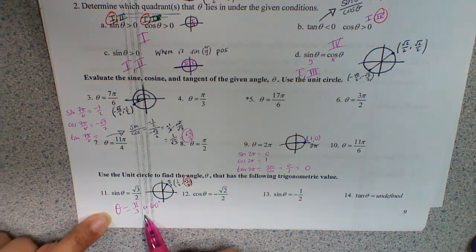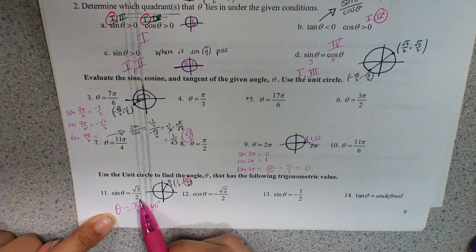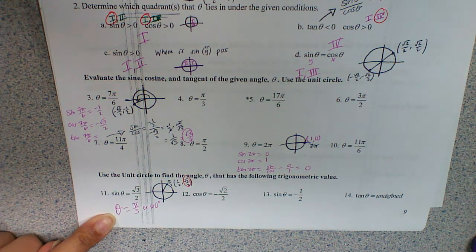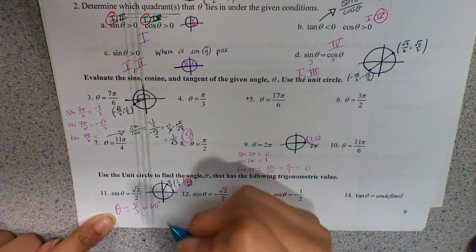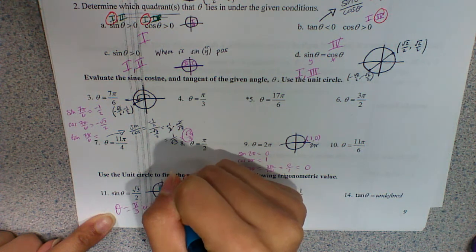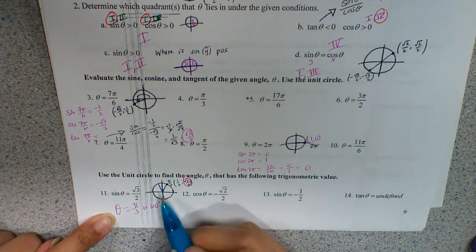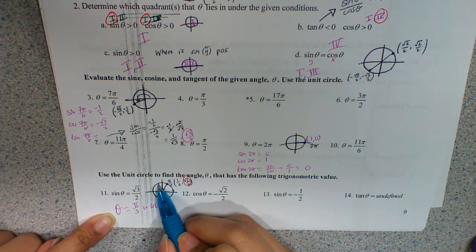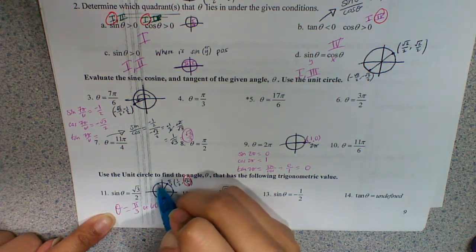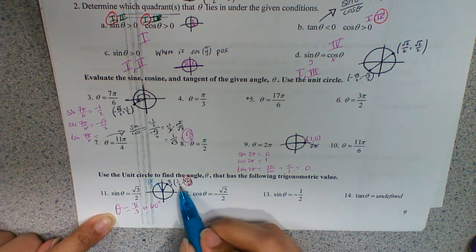But we also have another answer, because where else is sine a positive root 3 over 2? Yeah, so sine is positive right up here in the second quadrant as well. So now think about, what is a pi over 3 family member that's up here? And if you think about that, it is 2 pi over 3, which has the same points.